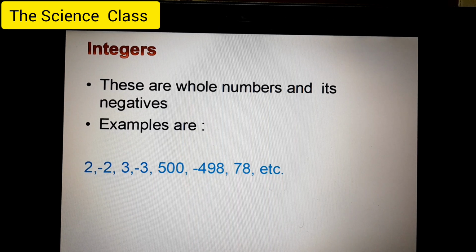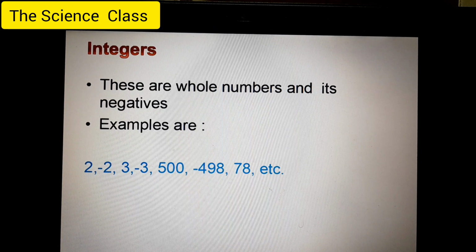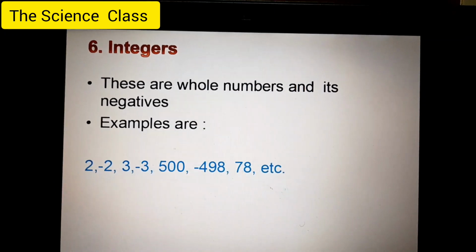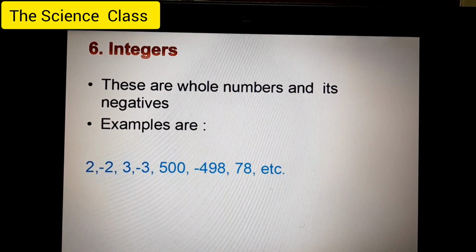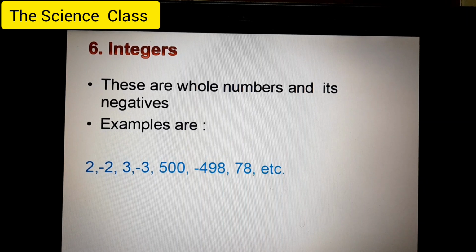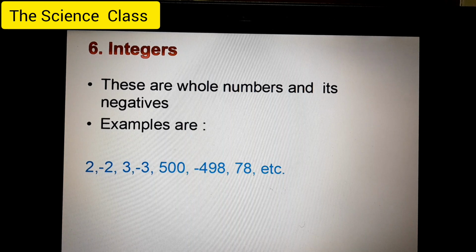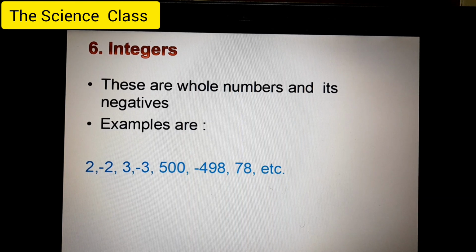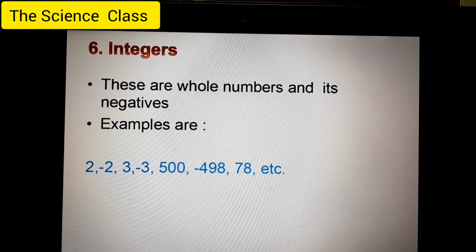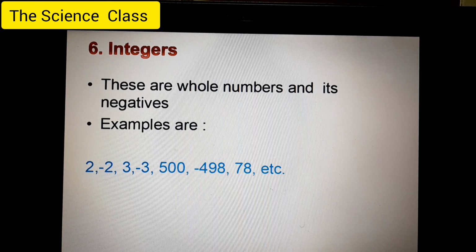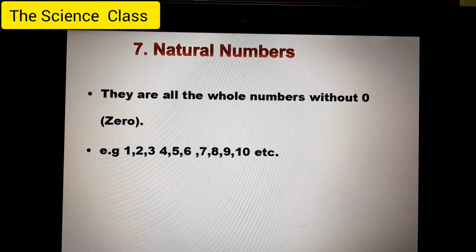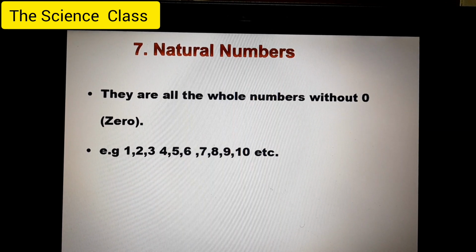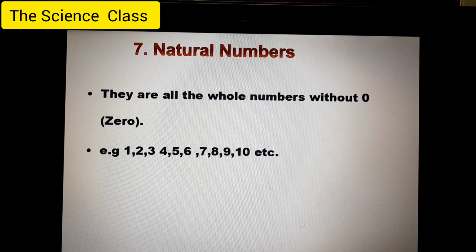But what makes integers different is that they have their negative part attached to them. Examples: 2 and minus 2, 3 and minus 3, 500, minus 498, 78, etc. In this kind of numbers, it contains both the whole number and the negative part of it. That is integers. Understand?